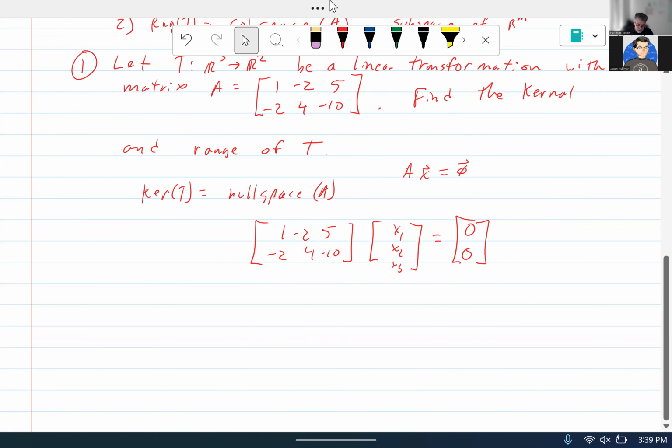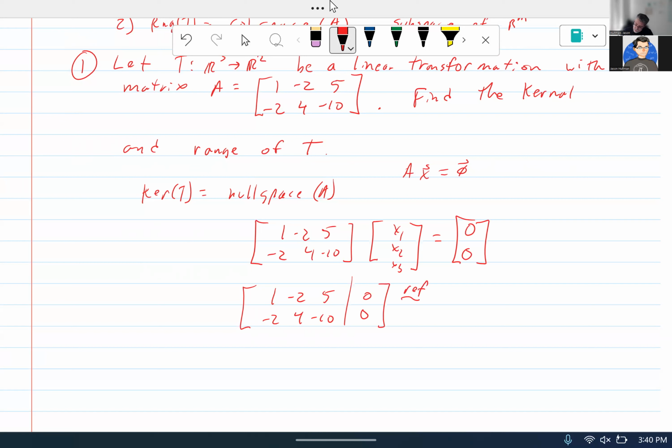So how can I solve this? I can put this into an augmented matrix: 1, -2, 5, -2, 4, -10, and then 0, 0. And then I can REF that. If I multiply the top equation by 2 and add it to the bottom one, then everything cancels out.